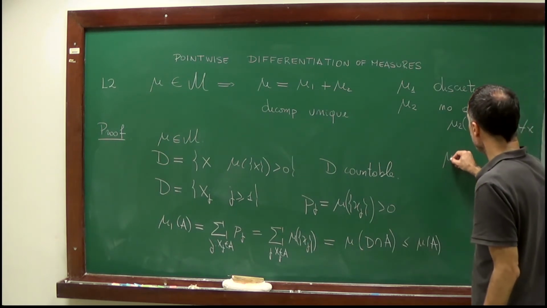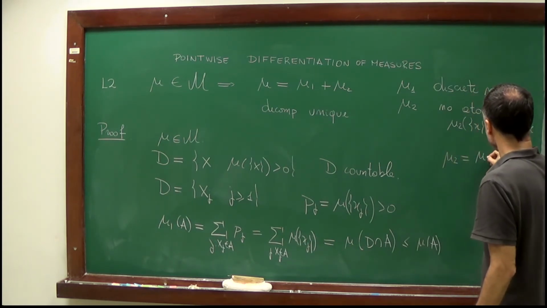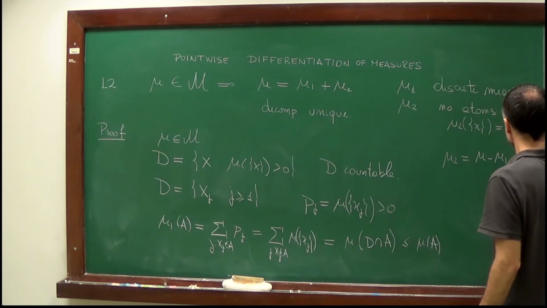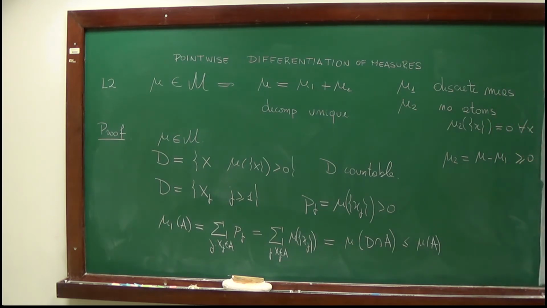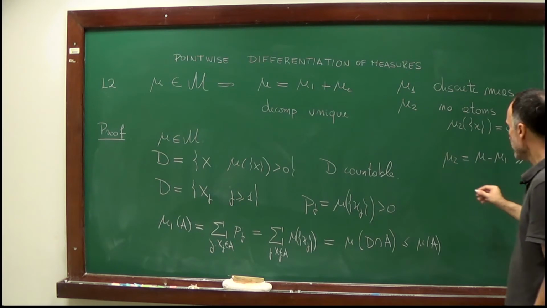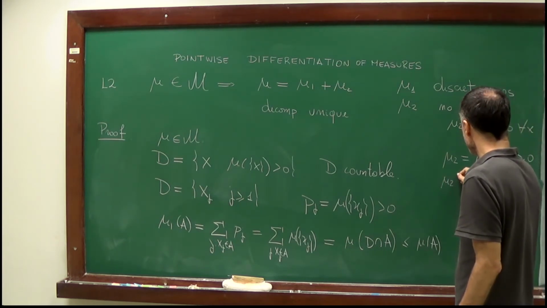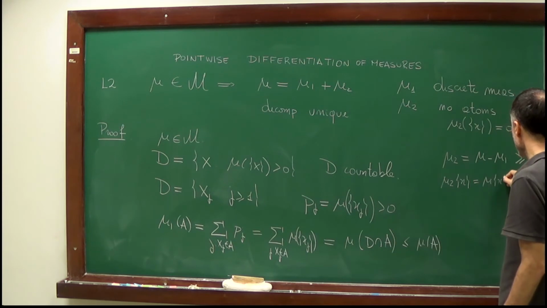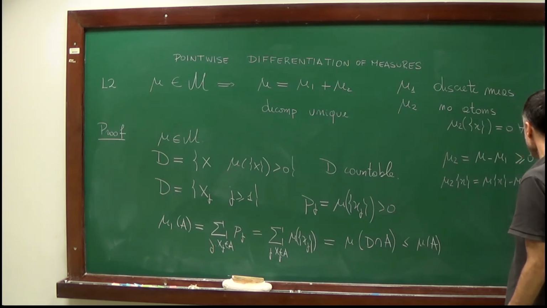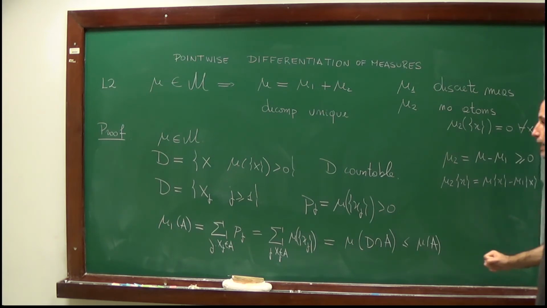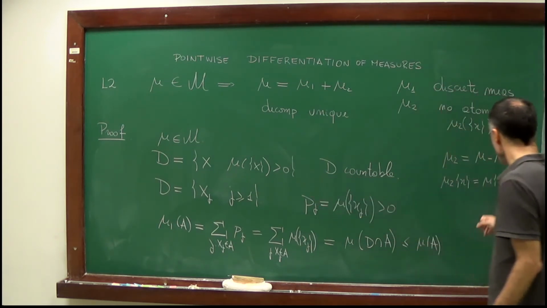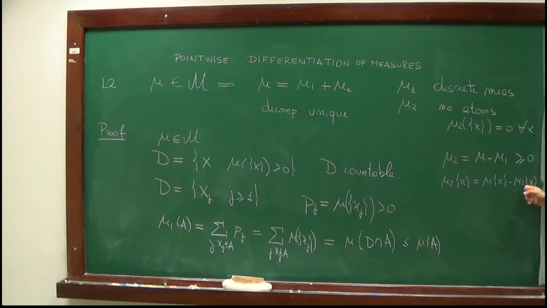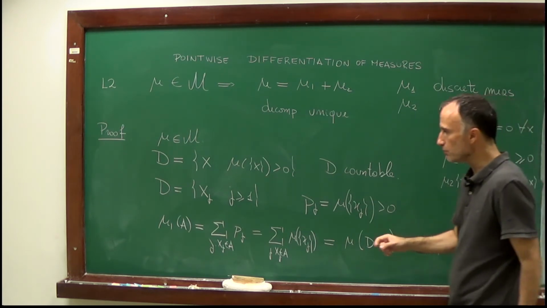Therefore I can define mu2 as mu minus mu1, so this is a non-negative measure, right? And if I take mu2 of a point x, well, this is mu of x minus mu1 of x. If x doesn't belong to D, mu of x is 0, and mu1 of x is also equal to 0, right?